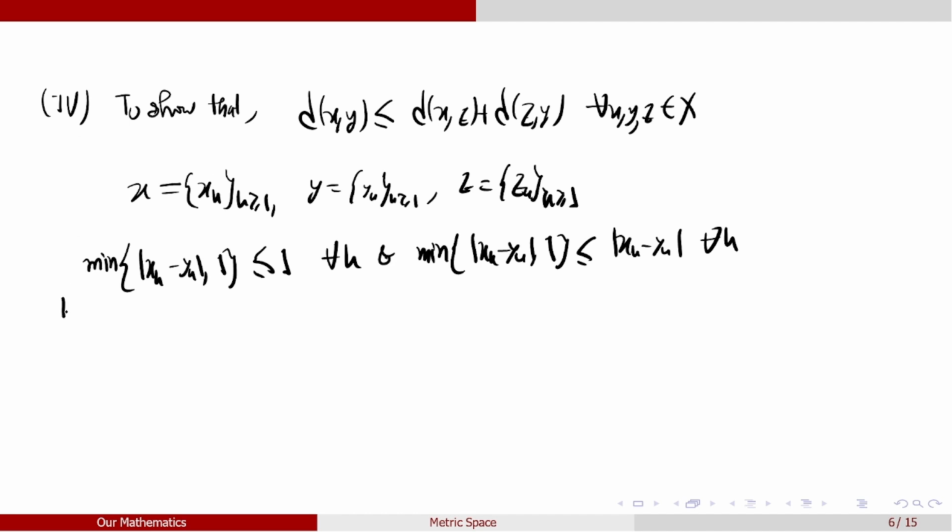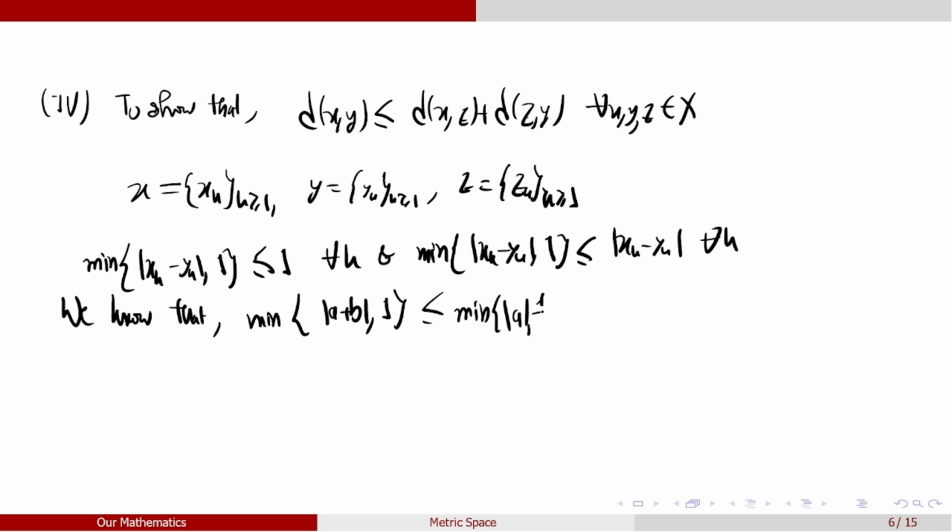Also we know that minimum of mod of a plus b comma 1 is less than or equal to minimum of mod of a comma 1 plus minimum of mod of b comma 1.